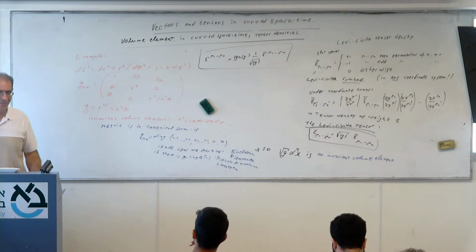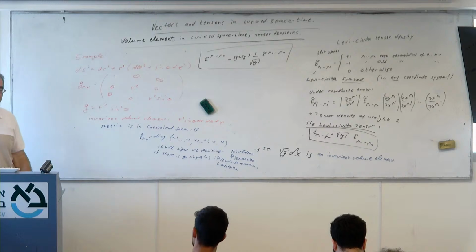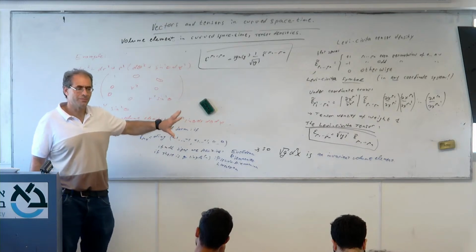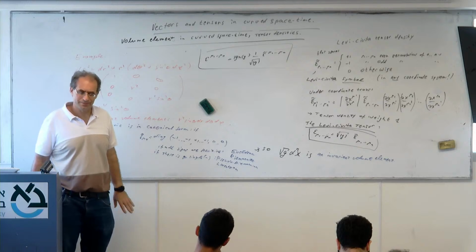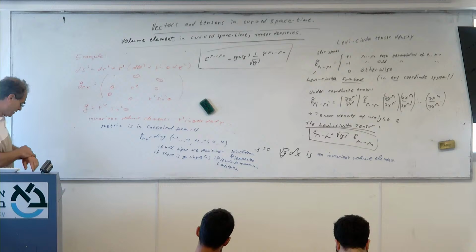Can I say that the tensor is a tensor density with weight 0? Weight 0, yes. I would simply call it a tensor. A tensor density is something that transforms like a tensor, but with this extra term of the Jacobian to some power.